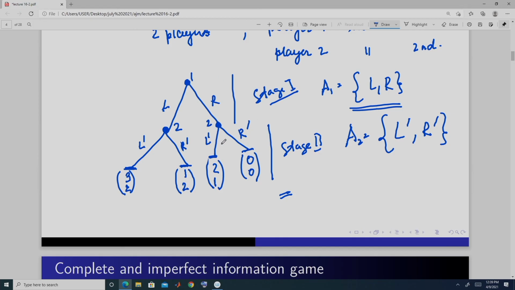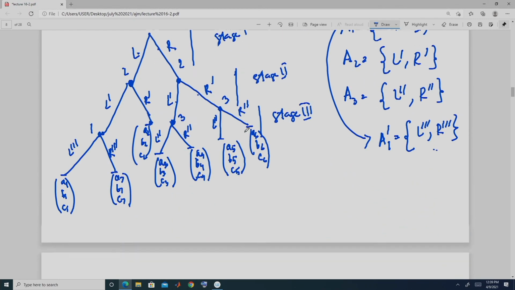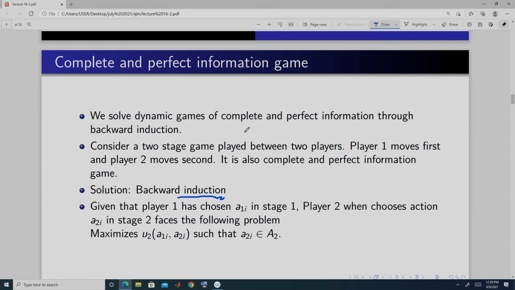Player 1 has moved first, player 2 has moved second in stage 2. It knows the action chosen by player 1. So it knows that it is either in this node or it is in this node. Okay. So, suppose player 1 has chosen an action from its set, that is A1. Then when we say we are using backward induction, it means that we are moving backward.